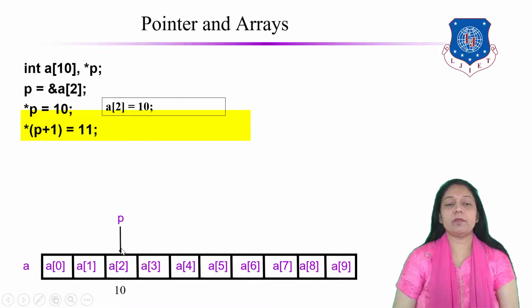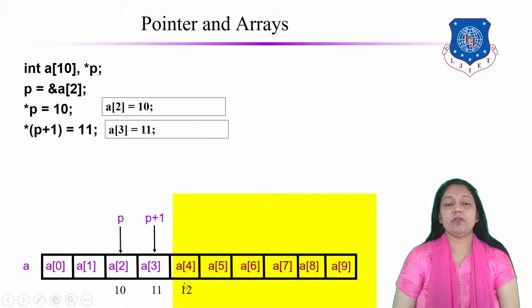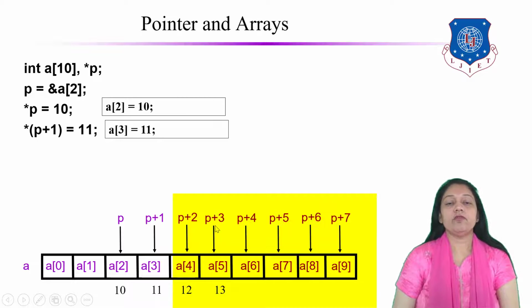So my pointer is pointing to A of 2. When I write P plus 1, it will point to A of 3. And so A of 3 will become 11. Similarly, A of 4, say for example, is 12, A of 5 is 13 and so on for the rest. So for A of 4 we can say that the pointer is P plus 2, A of 5 is P plus 3 and so on for the rest of the array elements.